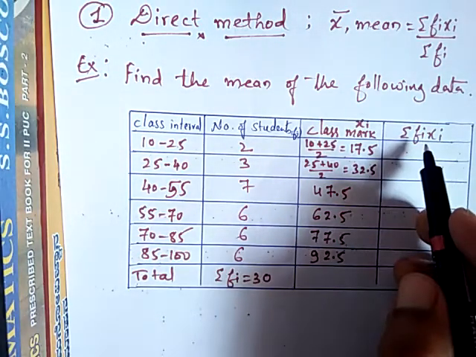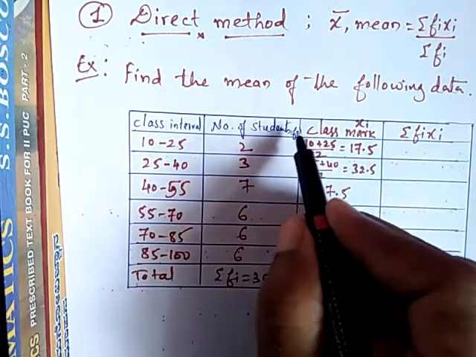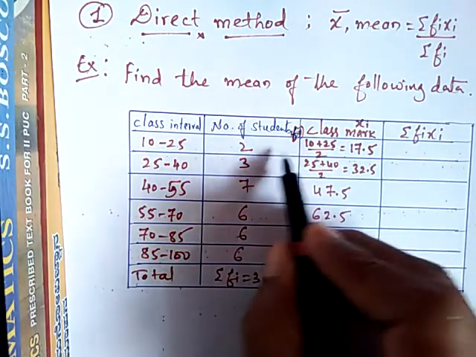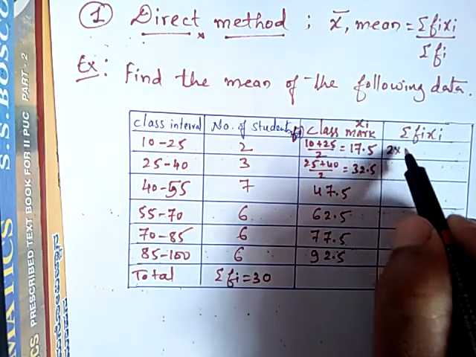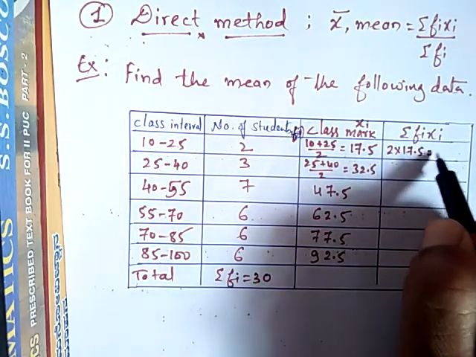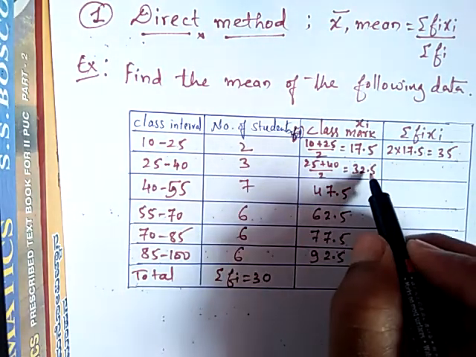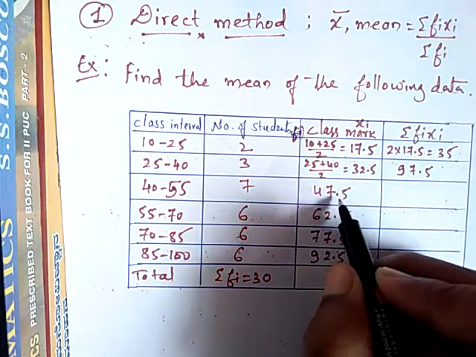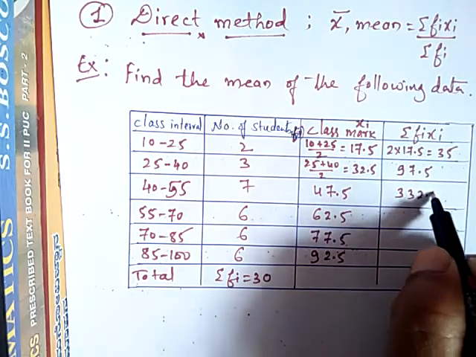Now fi xi means the product of fi and xi. Multiply these two: 2 into 17.5 is 35. Similarly, 3 into 32.5 is 97.5. Next, 47.5 into 7 is 332.5.